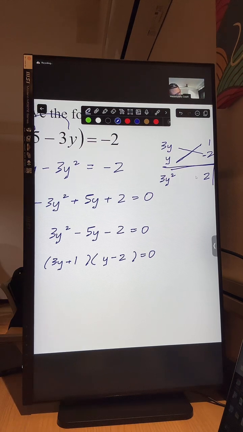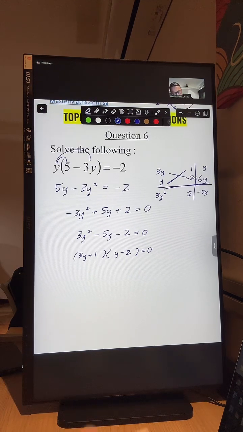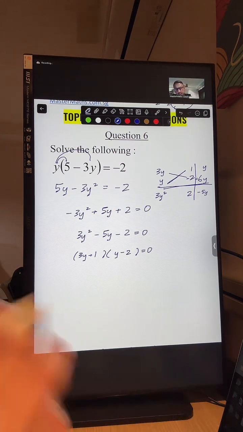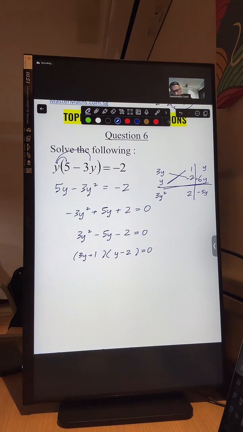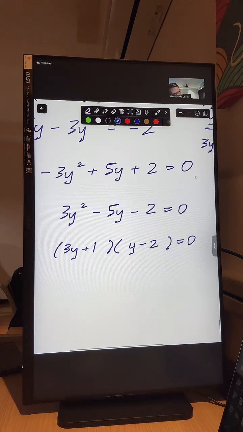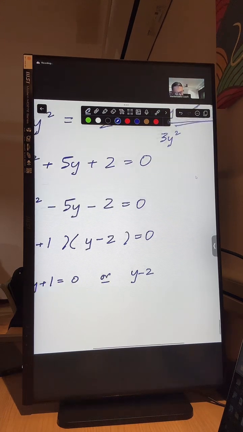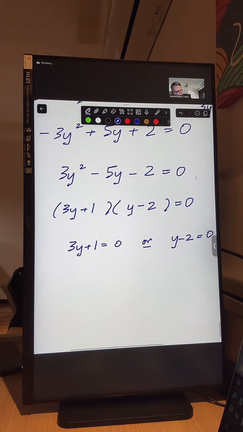My factorization is good. Now, after you have factorized, how do we go on to solve this quadratic function? This is where you need to understand that when you have something multiplied by something equals to 0, guys, that means this something here, 3y + 1, is equals to 0, or your y - 2 is equals to 0.